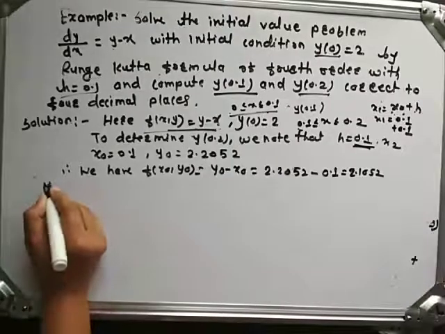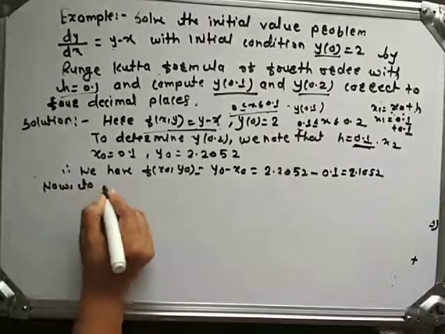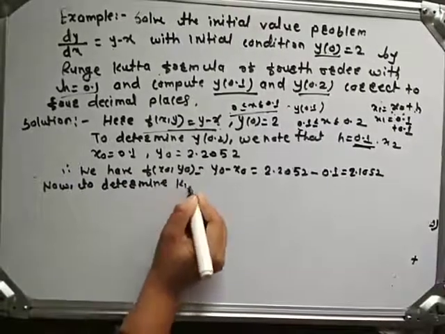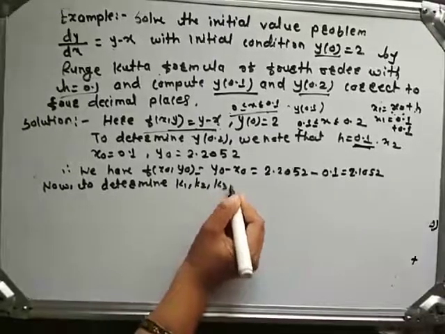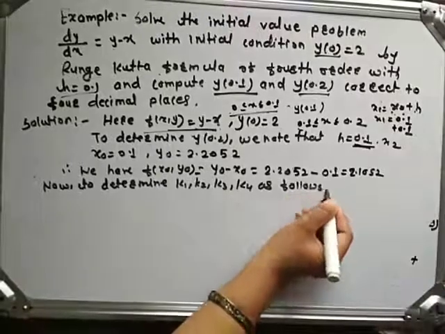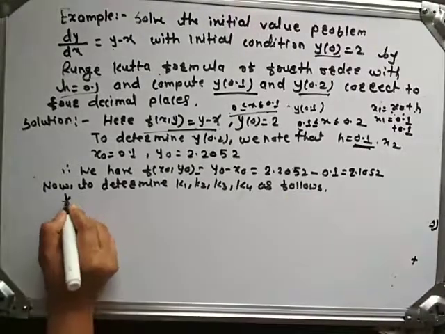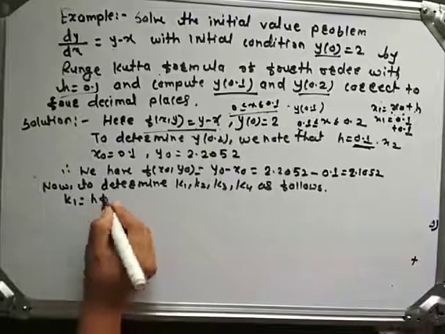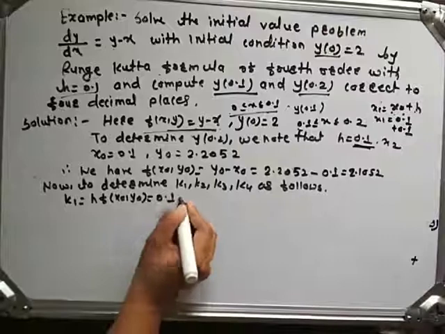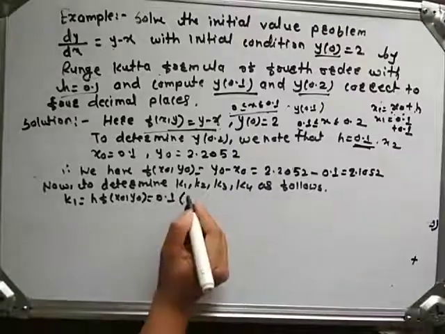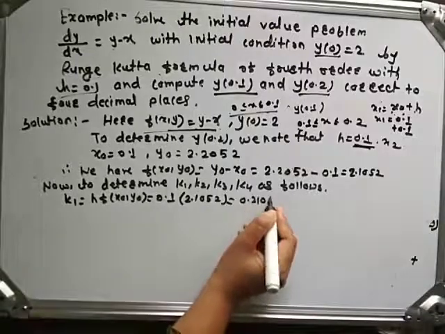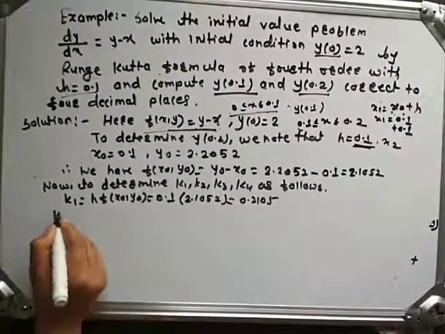Now to determine k1, k2, k3, k4 as follows. K1 is equal to h into f of x0 comma y0. H is 0.1 and f of x0 y0 is 2.1052. So this is 0.2105.